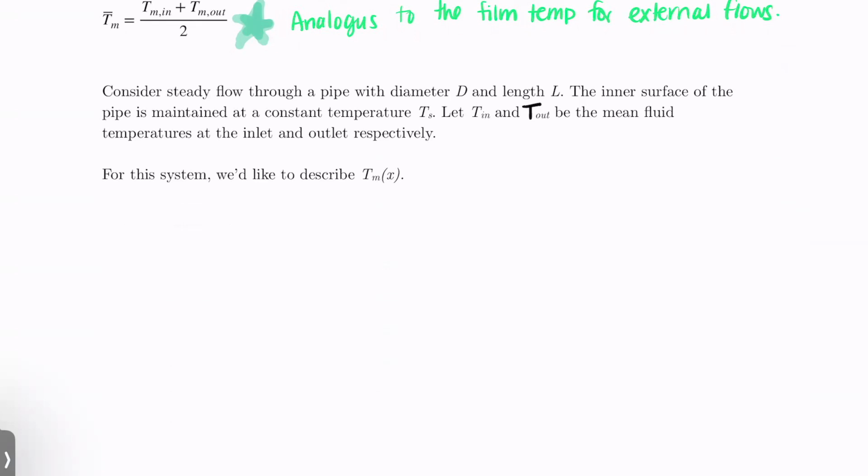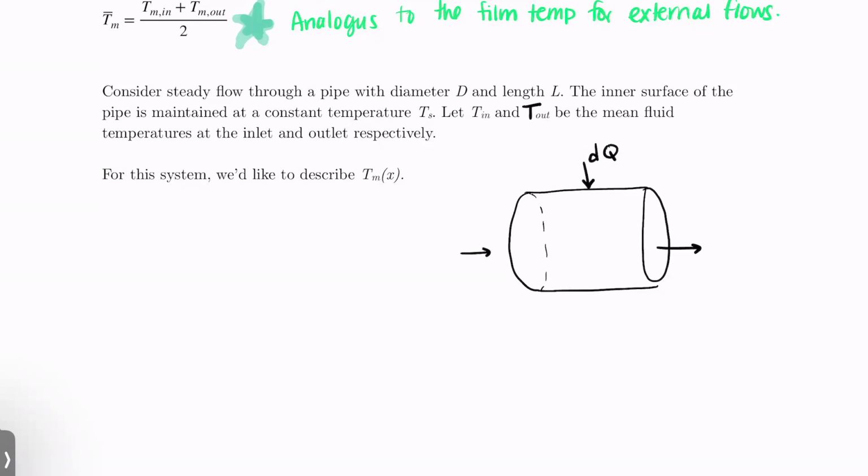So I have a pipe that looks like this. So we have flow coming in, flow coming out. And then I'm going to consider a little differential element of our pipe.